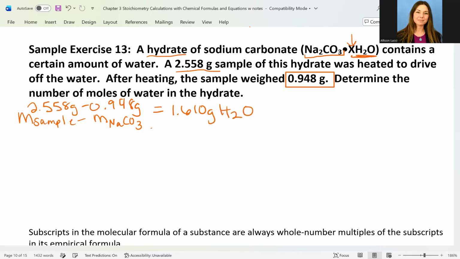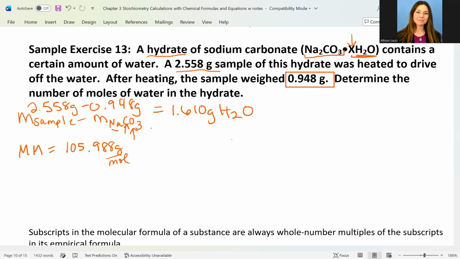So now we need both the molar mass of sodium carbonate, which we can find by adding about 23, so 22.99 for sodium, 12.01 for carbon, and then another 48 for 3 times 16 for oxygens in the carbonate, and that gives us about 105.988 grams per mole.